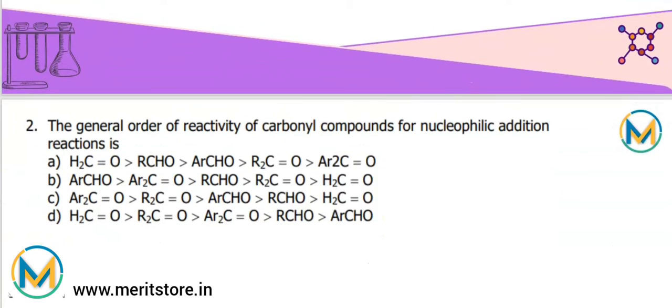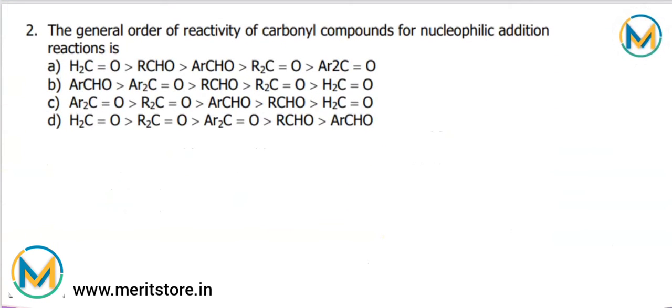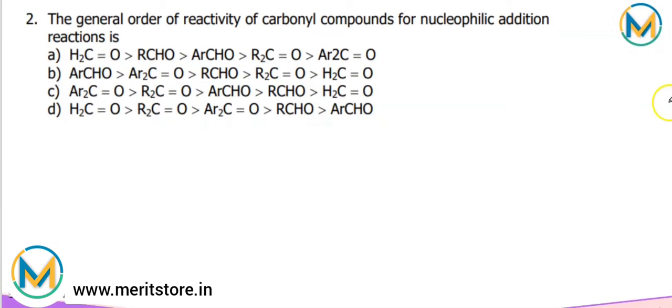Next question. The general order of reactivity of carbonyl compounds for nucleophilic addition reaction is. The size of the alkyl group causes hindrance to the attacking group.